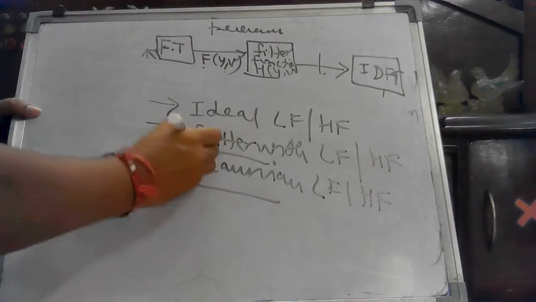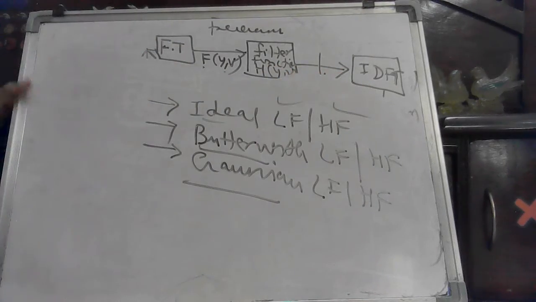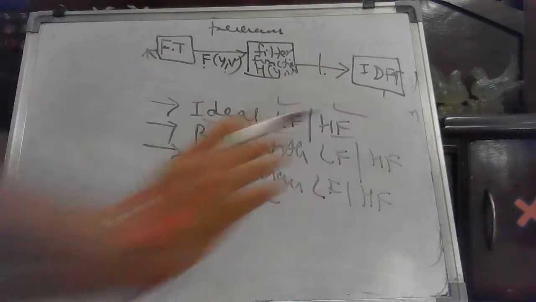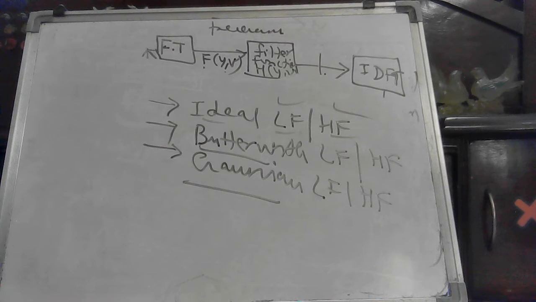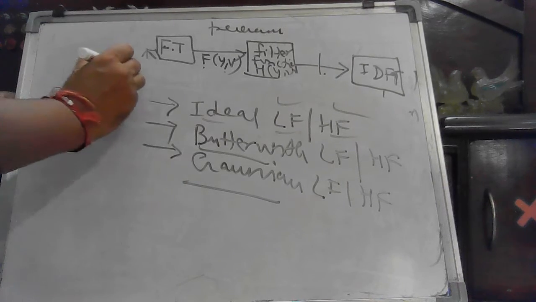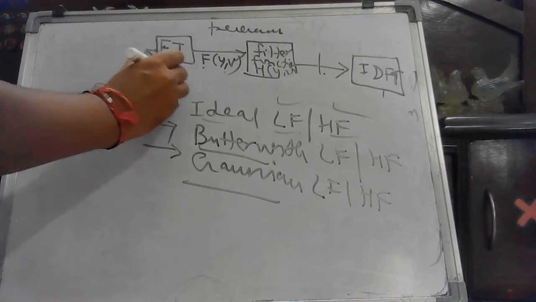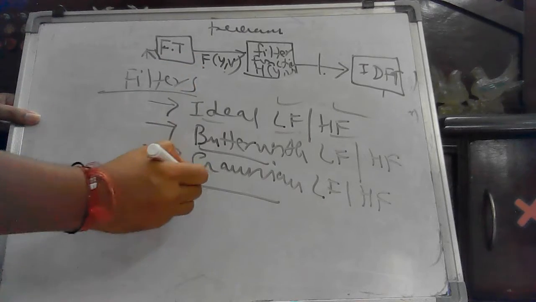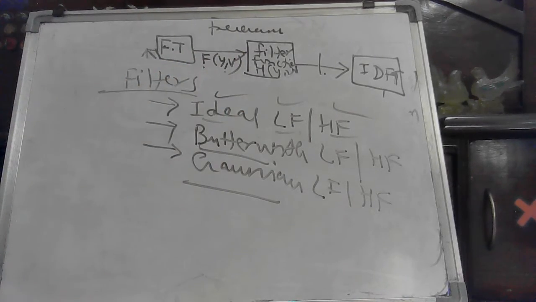So all three types have low pass as well as high pass. Depending on the threshold, the value you have chosen, it will become low pass or high pass. What are the filter types in the frequency domain? They are known as ideal, Butterworth and Gaussian. We will see them in detail one by one in the next lecture.